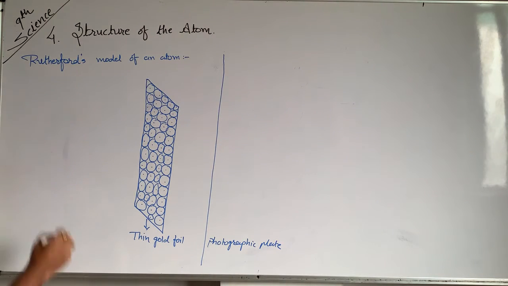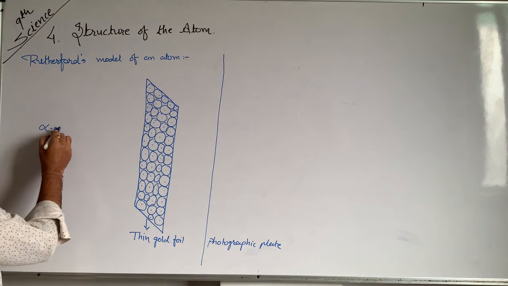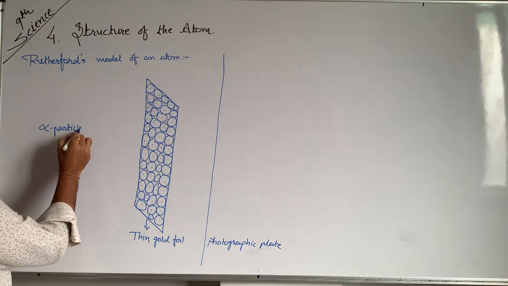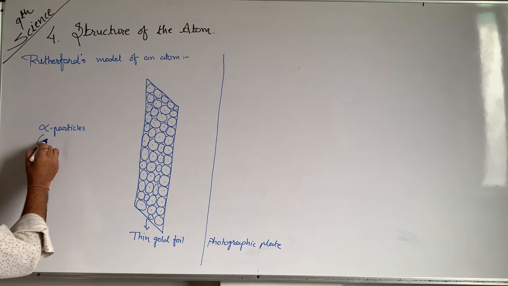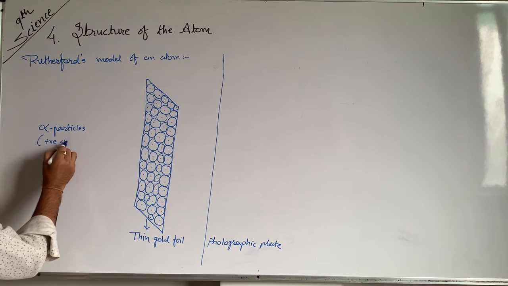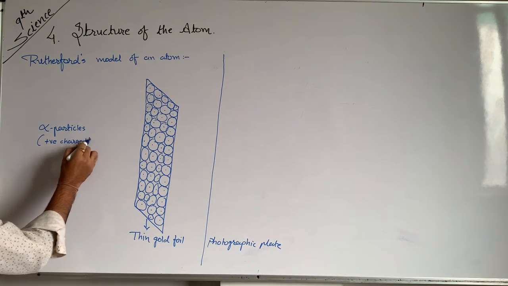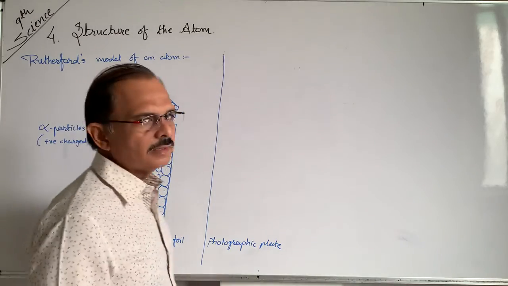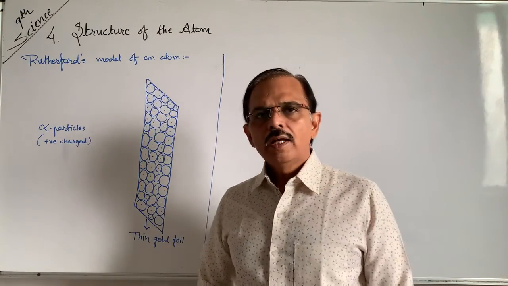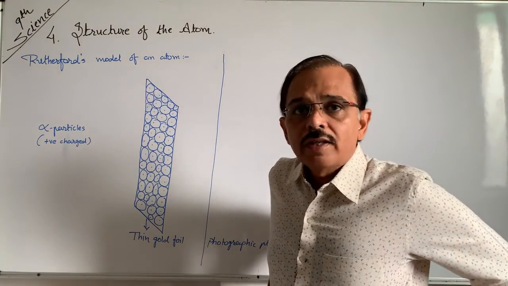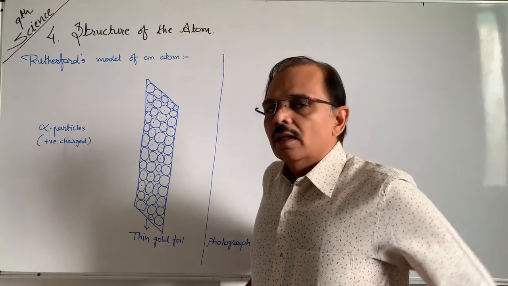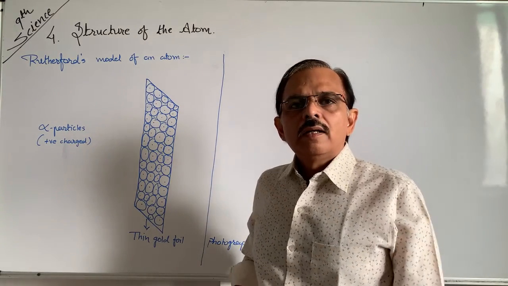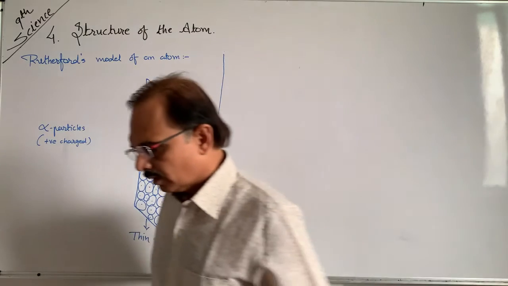From this side, alpha particles are bombarded. Alpha particles are positively charged particles. Beta particles are negatively charged particles. And gamma particles are neutral. Alpha, beta and gamma rays were invented by Madame Curie. That is not given in your textbook.